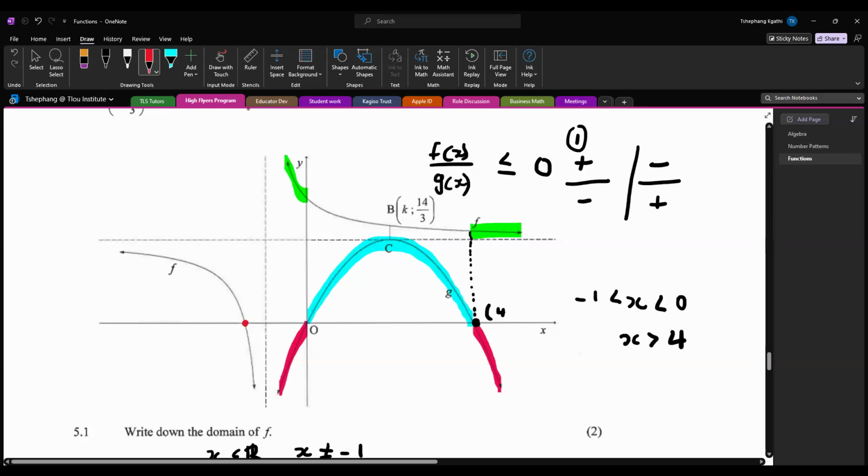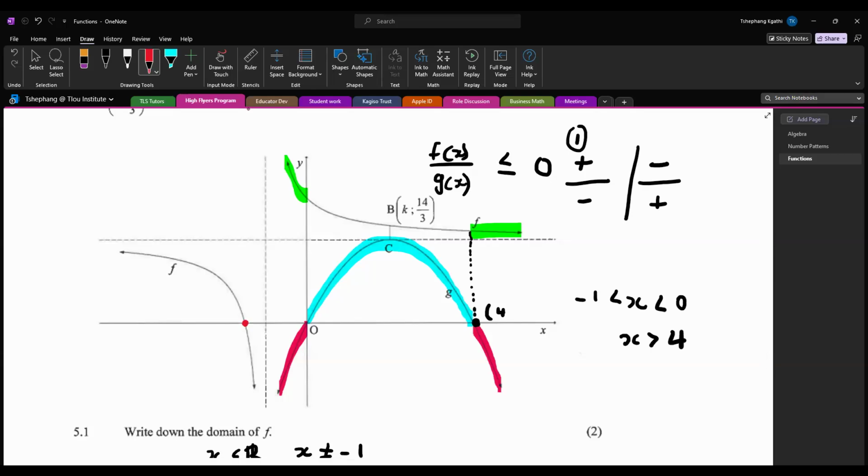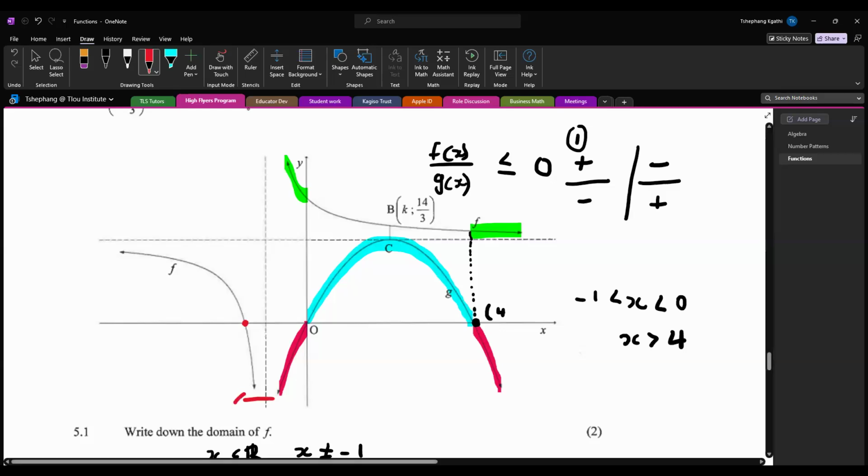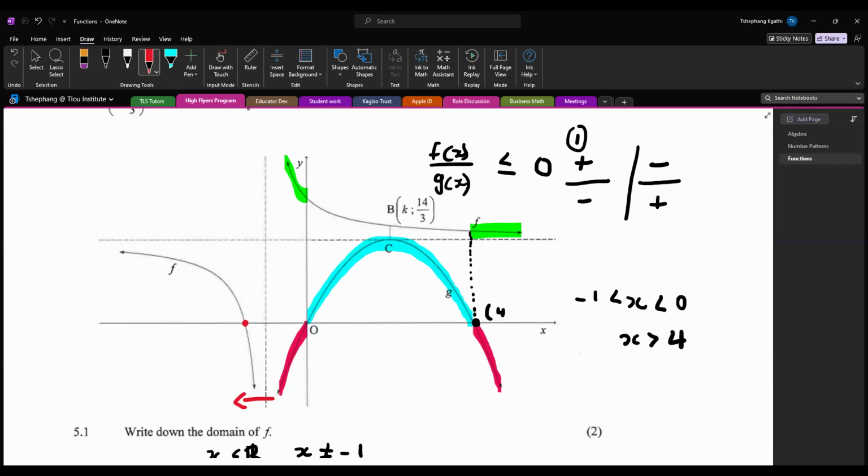Because the domain of g is negative infinity to positive infinity, there will be a point where g is negative and f is positive on the left-hand side of that x-intercept. Okay, so this is case 2, where g is positive. So g is going to carry on in the direction where g is negative and f is positive.